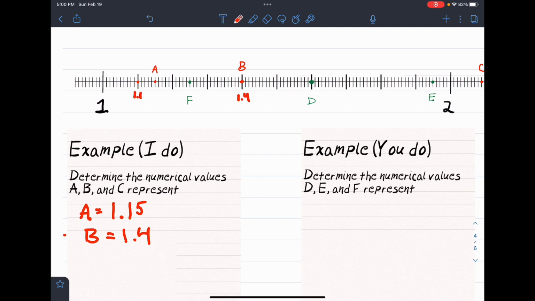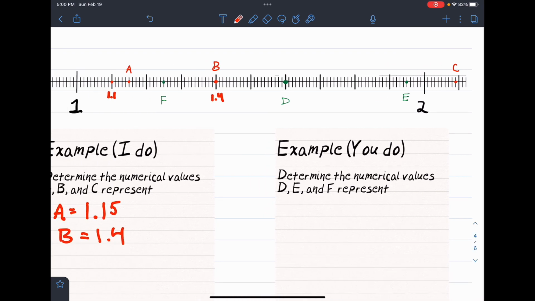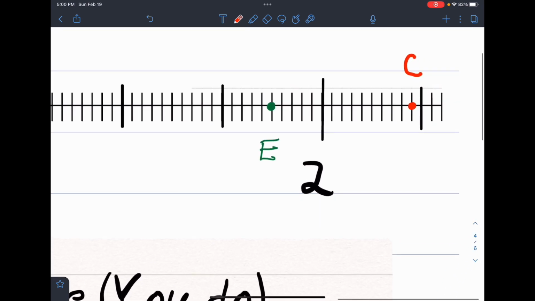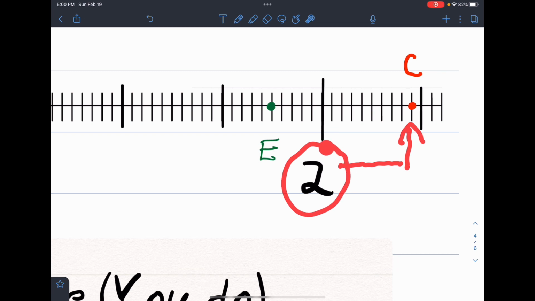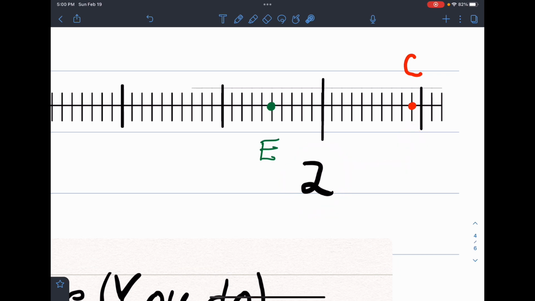Okay, so let's do the last point, C. So where is C? C is all the way over here. And we start by marking where C is, and we go to the left and look for the nearest whole number, which is 2. So the whole part of C is going to be 2. And notice that it doesn't have a length of at least 1/10. It's a distance that is shorter than 1/10 away from 2.